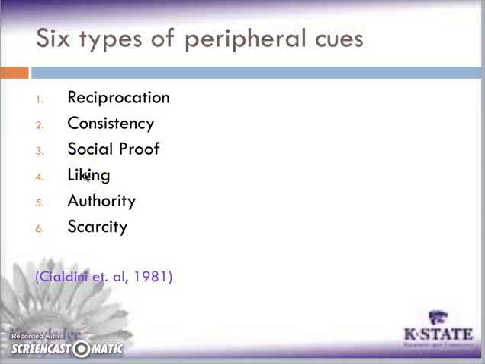Liking refers to the attractiveness or view that the message source is likable. Authority refers to when a source is viewed as an expert or authority figure that should be trusted and obeyed. And scarcity is when the message is perceived as only being presented for a short time and must be accepted quickly.